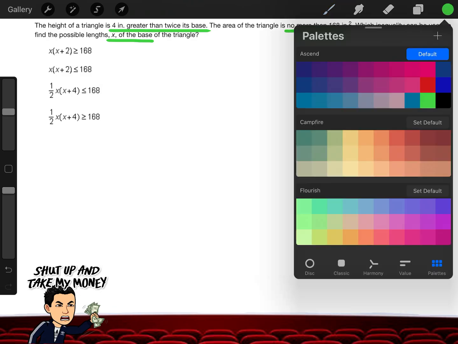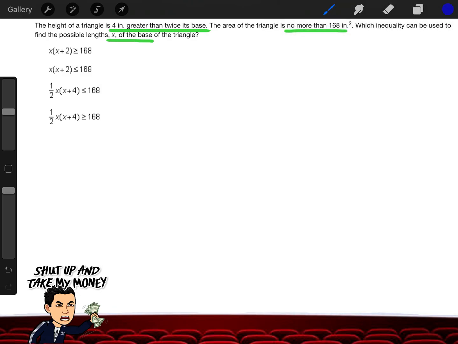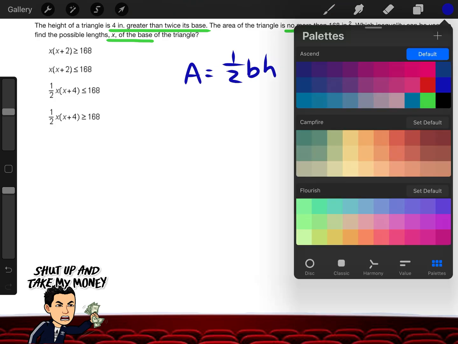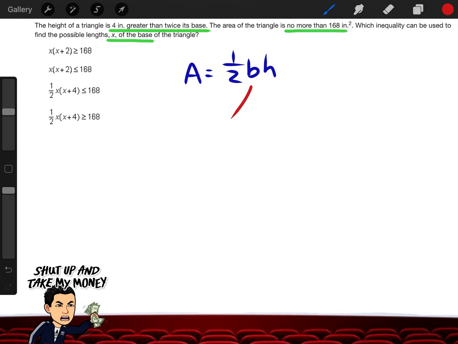Let's write down the equation for the triangle. The area of a triangle is 1/2 of base times height. Earlier we said we're going to use x to represent the base, and the height is 4 greater than twice the base.